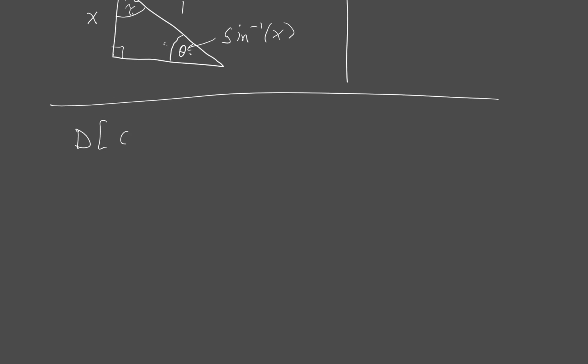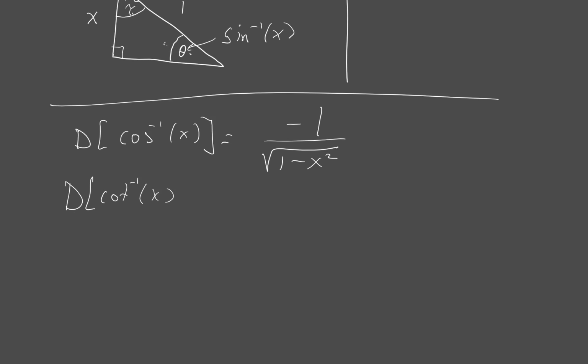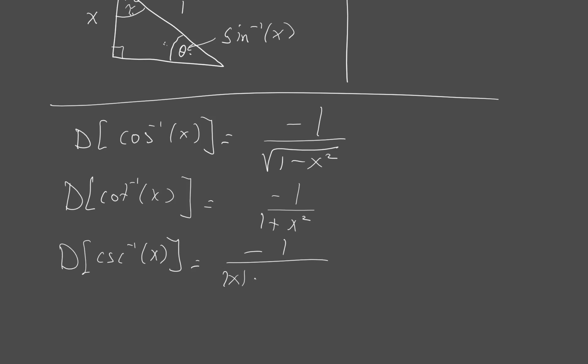The derivative of cosine inverse of x is equal to negative 1 over the square root of 1 minus x squared. The derivative of the cotangent inverse of x is equal to negative 1 over 1 plus x squared. And the derivative of the cosecant inverse of x is equal to negative 1 over the absolute value of x times the square root of x squared minus 1.